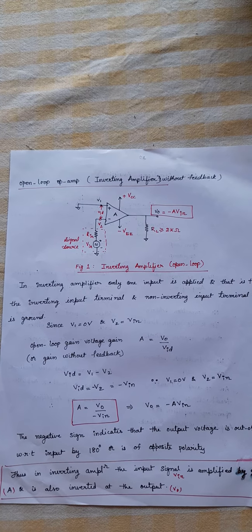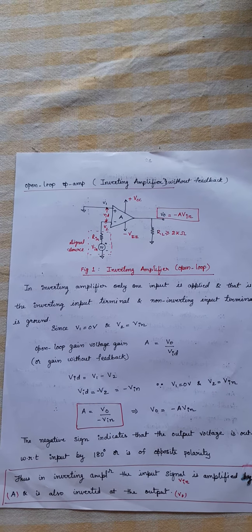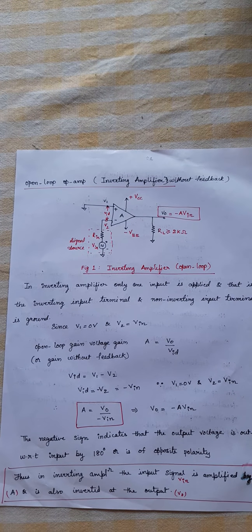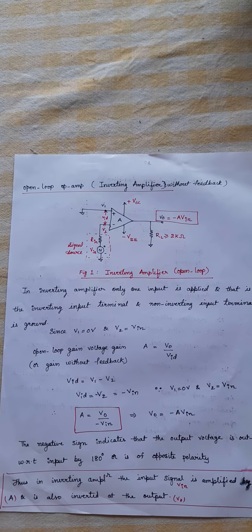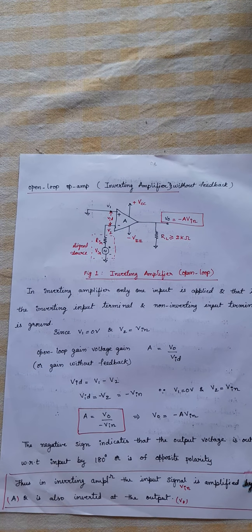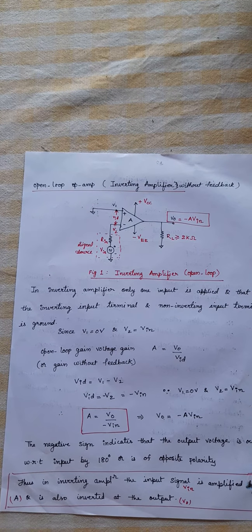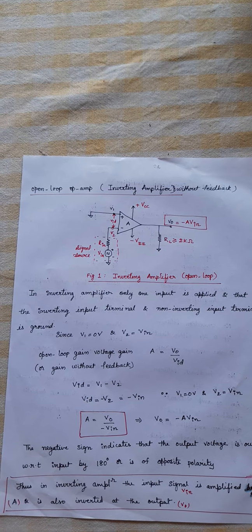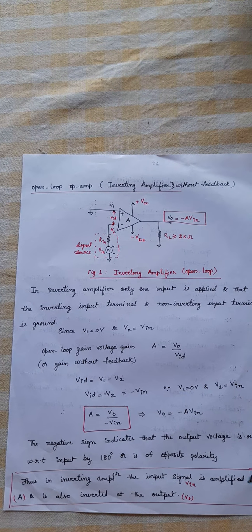So here we can see very clearly V1 is grounded. So what is the voltage at V1? 0 volts. What is the voltage at V2? Vin, because you have applied a voltage source or a signal source Vin to the V2 terminal. What is capital A? Capital A indicates the large gain of the op-amp.